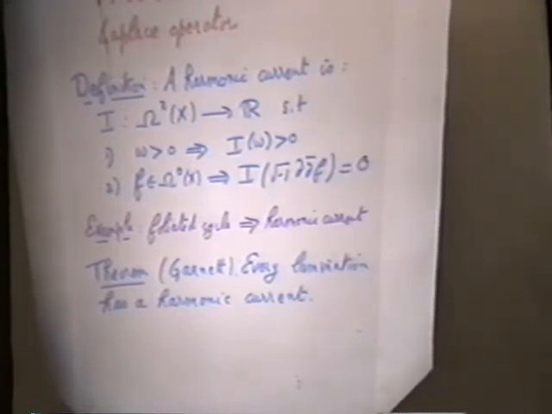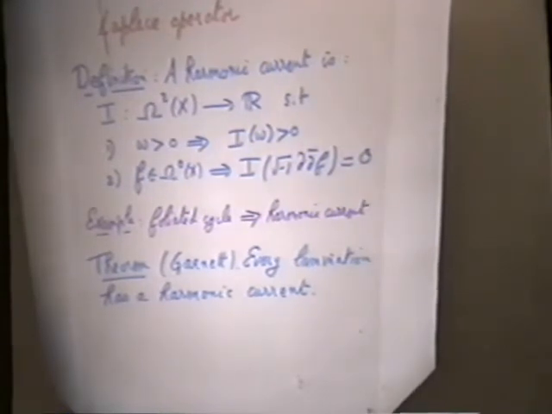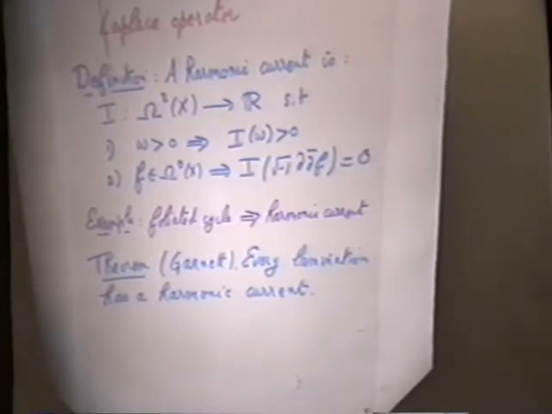We want the integral of a Laplacian to be 0. Since there are fewer Laplacians than exact forms, this is weaker than the definition of yesterday. So if we have a foliation cycle in the definition of yesterday, then this foliation cycle as a linear operator is also a harmonic current.